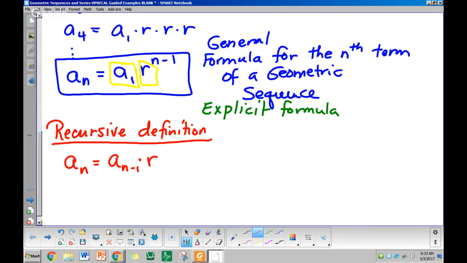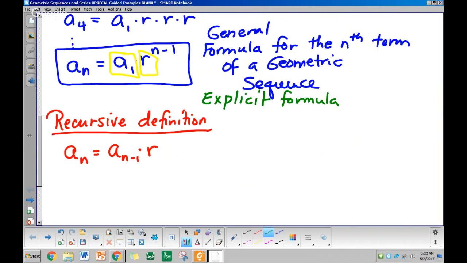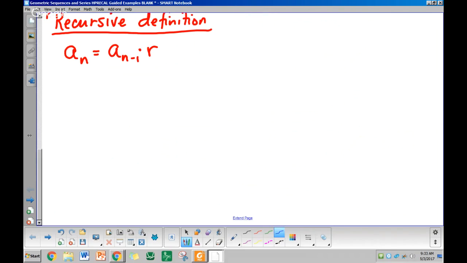Okay? So let's find the general formula for our sequence that we had above. What did we start with? 3. Our sequence above was 3, 6, 12, 24, dot, dot, dot. And we want to find the nth term for this one.